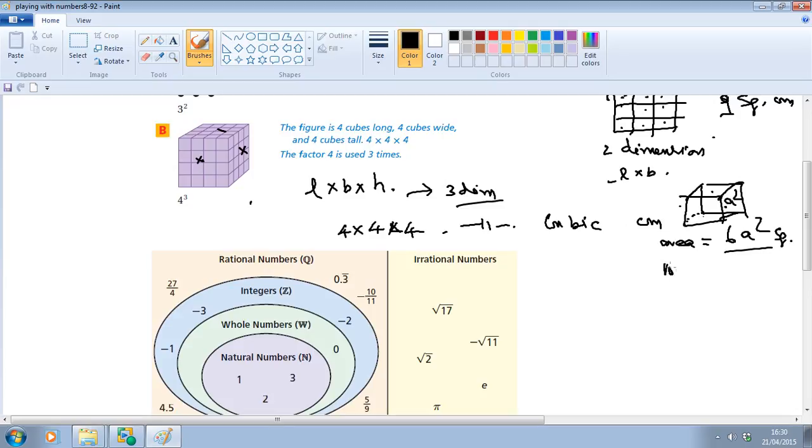What about volume? Suppose this is a, it is a multiplied by a multiplied by a, a cube. So we write cubic centimeter like that, cubic meter or cubic feet. When we say a cube, it is cubic.